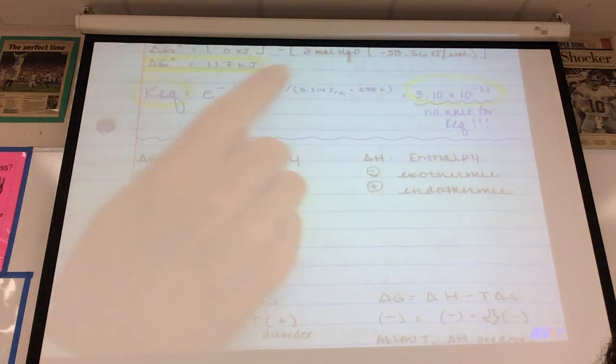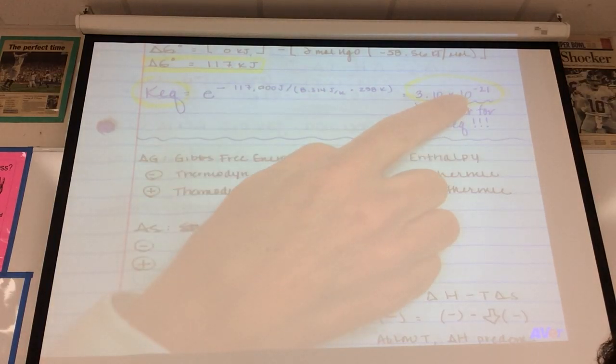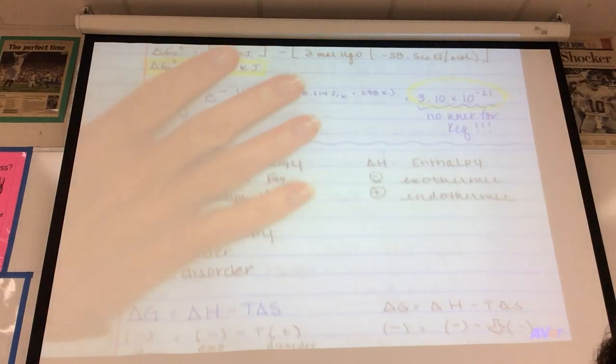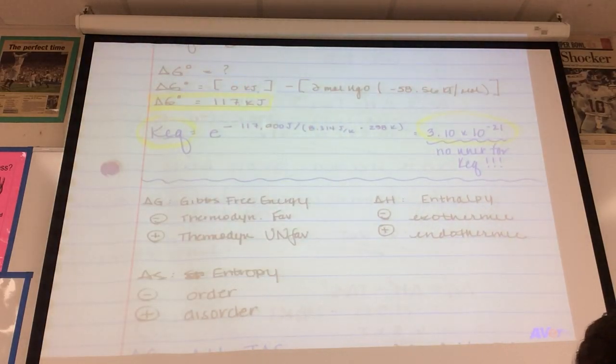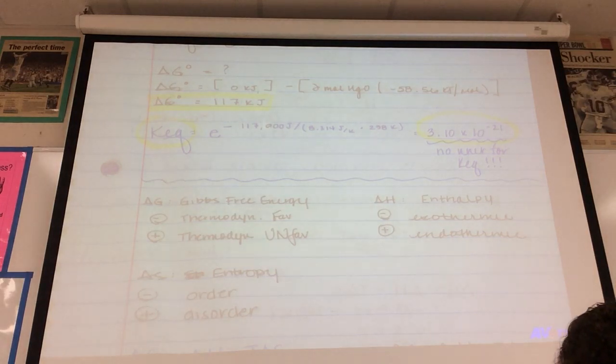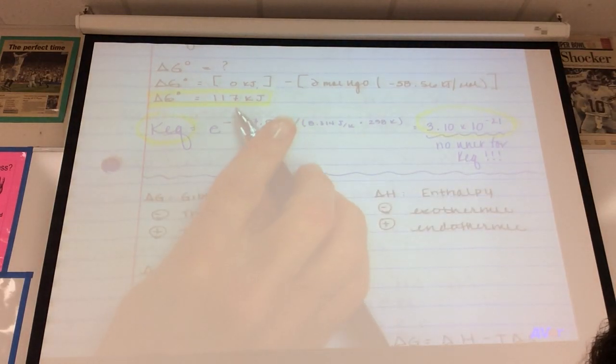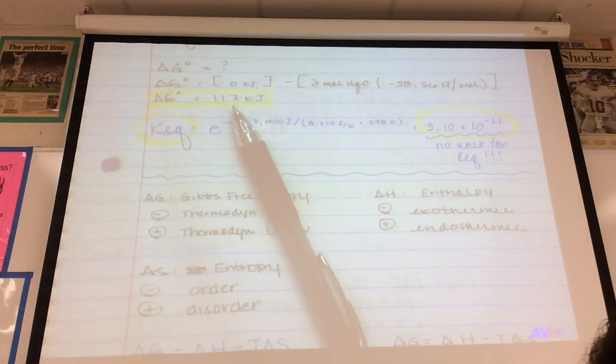Another thing I want to point out: thermodynamically favorable? No. KEQ, negative exponent. And that you'll see in the next chapter. When you've got positive values of delta G, the reaction's not thermodynamically favorable, and if it has a large positive quantity, essentially no reaction's going to occur.